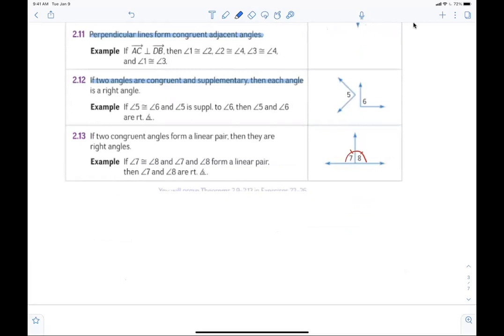If 2 congruent angles form a linear pair, then they are what? Right angles. I just think every single one of those makes perfectly good sense, and I don't think I needed to tell you that. I think if I wrote those down, you'd all say, yes, those are true. Anybody have any issues?